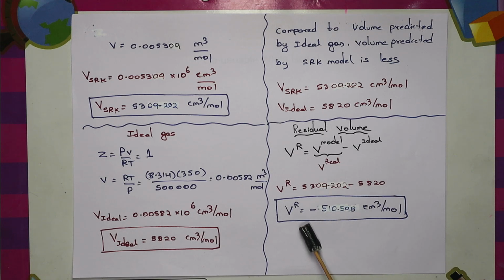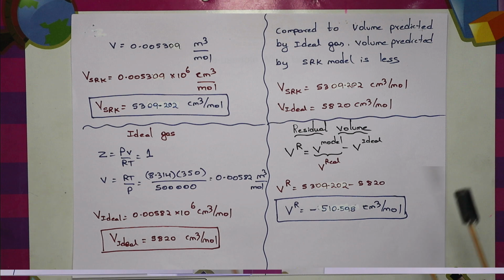So the residual volume is minus 510.598 centimeter cube per mole. This is how we can deal with these systems.